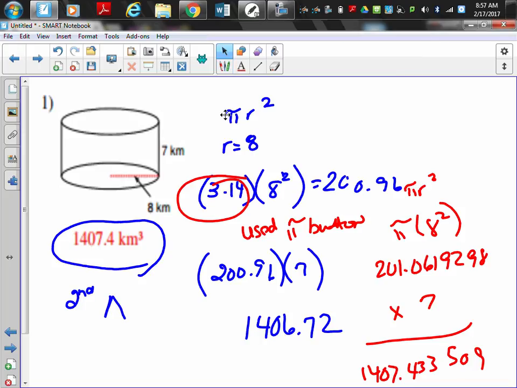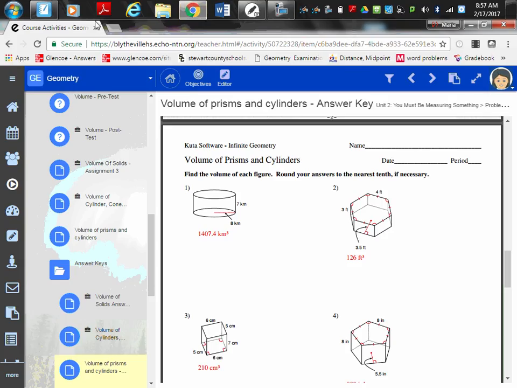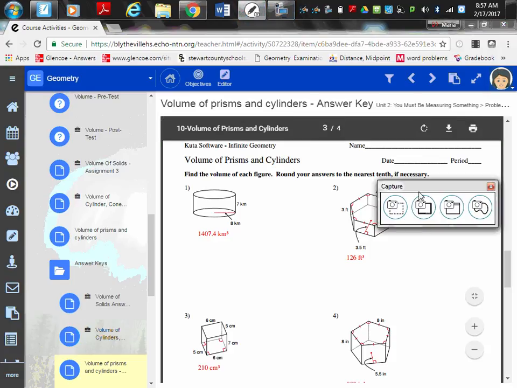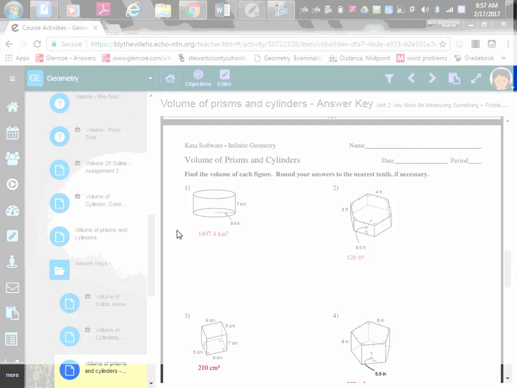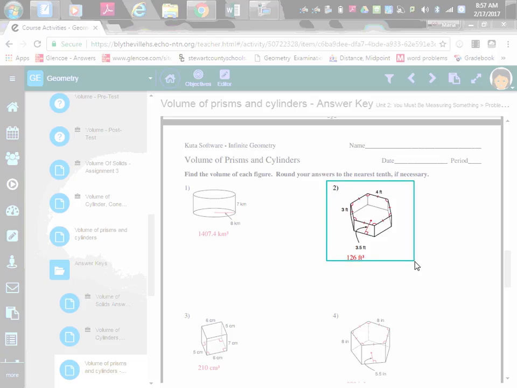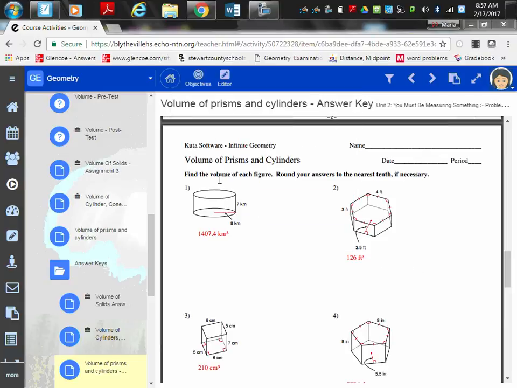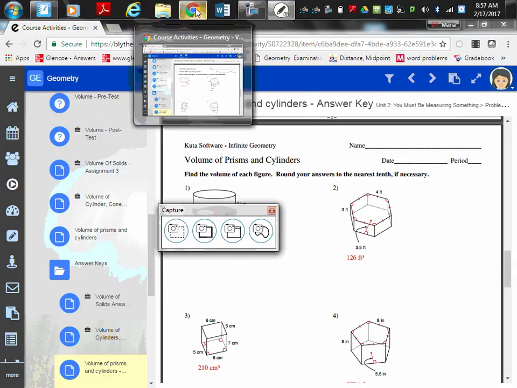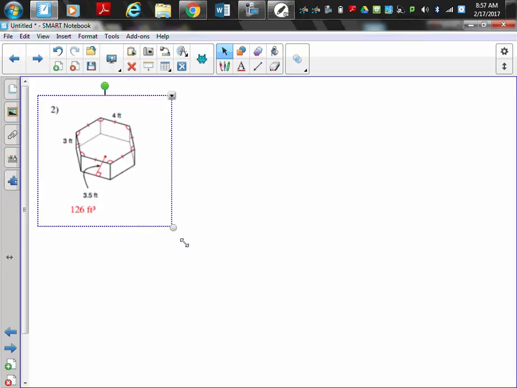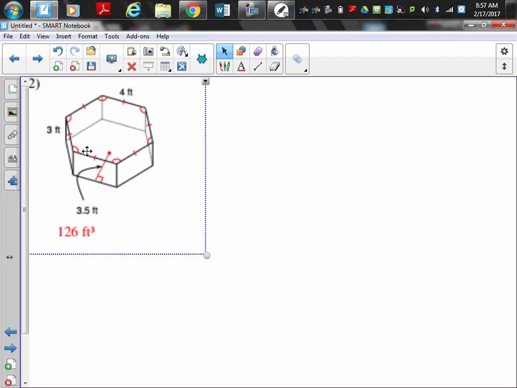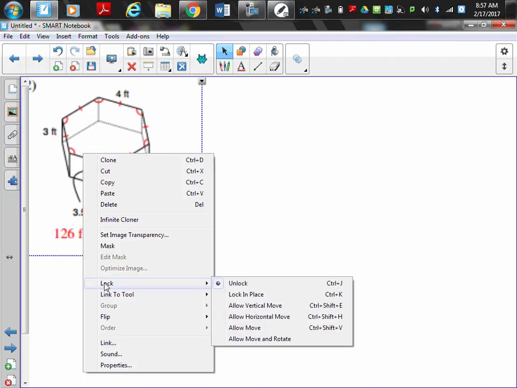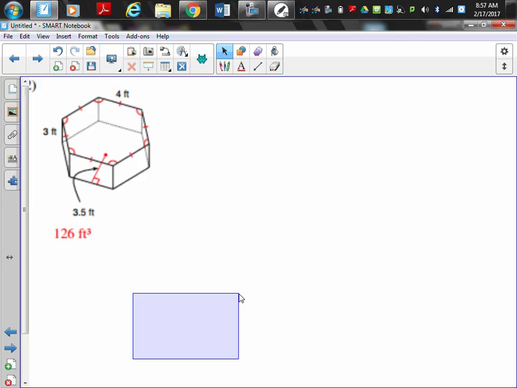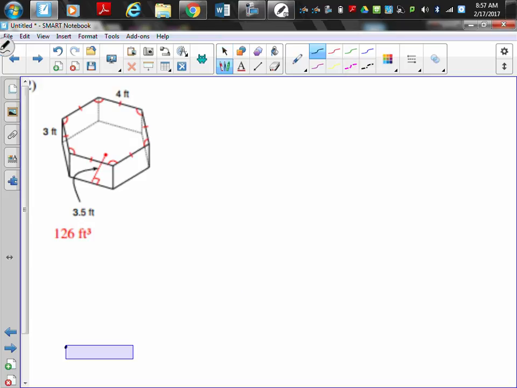All right, so I'm going to look at problem number 2. So the first thing, what information do I know? What do I have to do with this shape? Break it down.